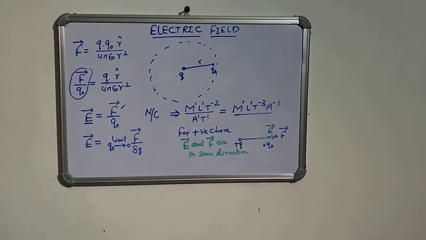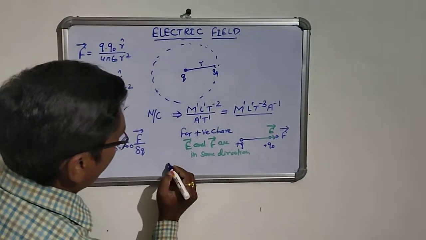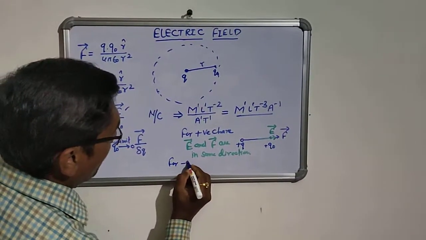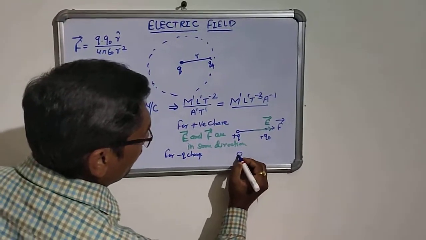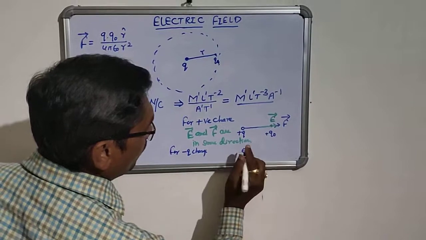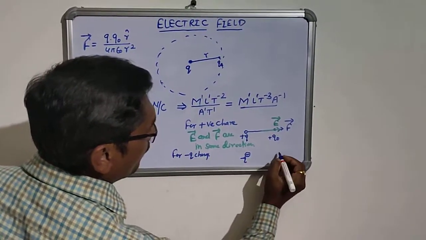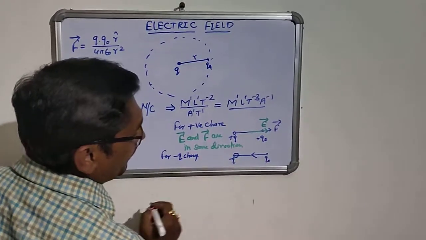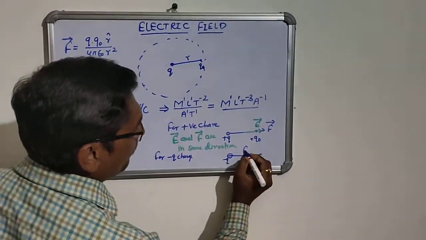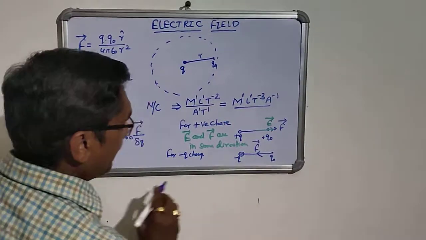And for negative charge, for minus Q charge, suppose this is the source charge minus Q and this is a test charge. So force is acting in this direction and electric field is acting in this direction.